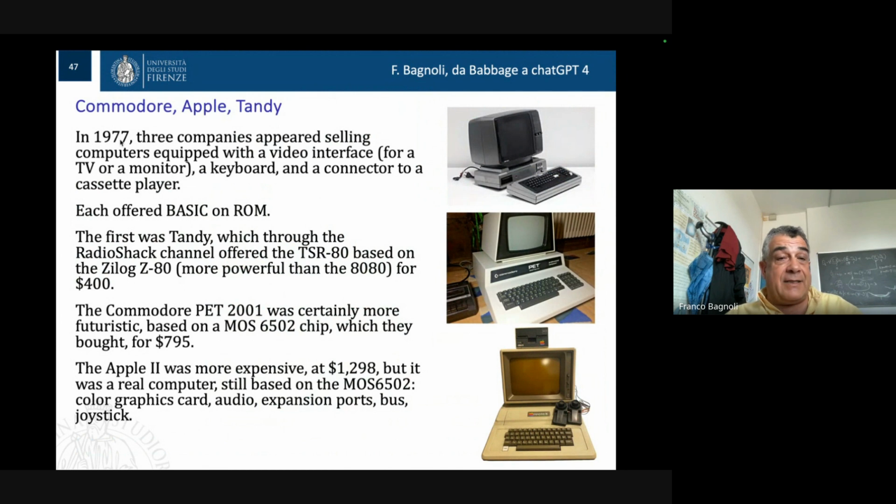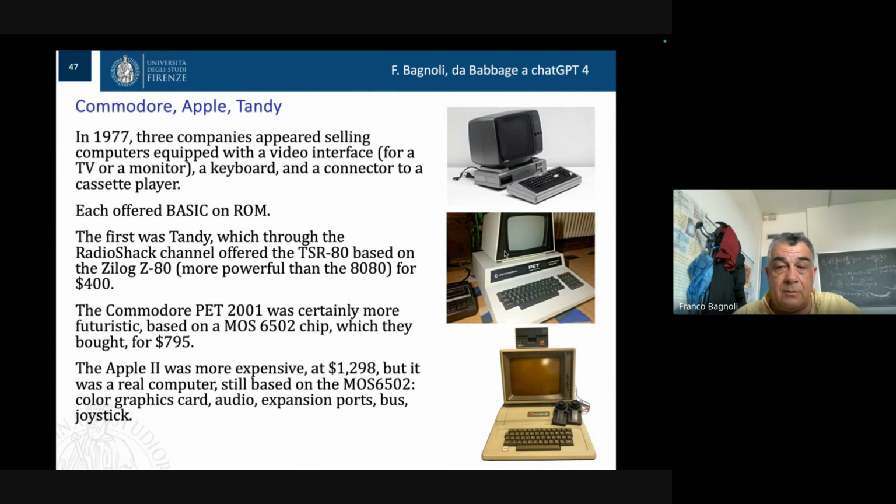Okay, so the end of the 70s is also the time in which the first personal computers started to appear. You can see here the Tandy, the Commodore PET, and the Apple II, because the Apple I was essentially sold for people who wanted to build their computer by themselves.